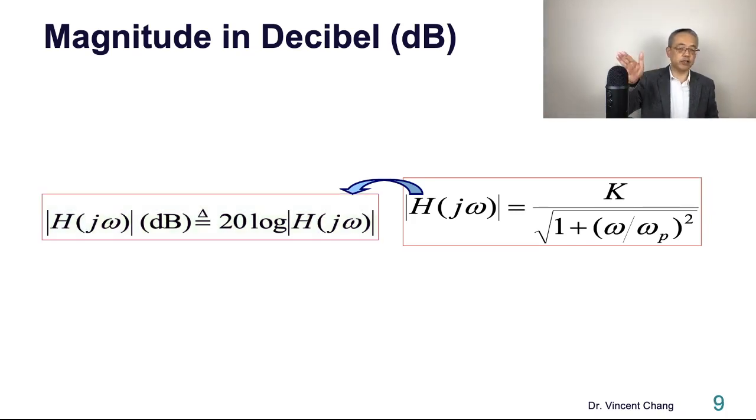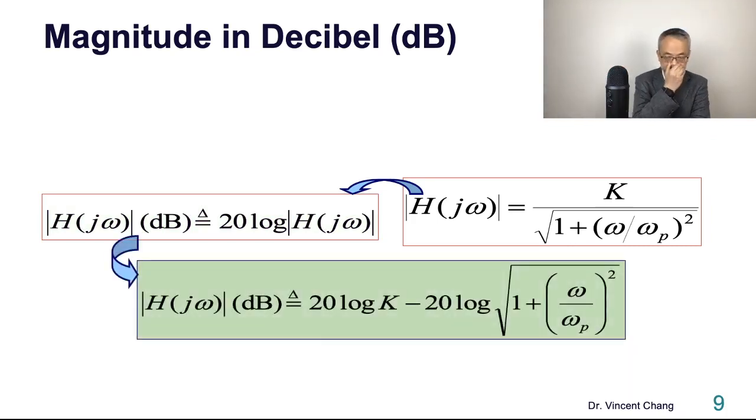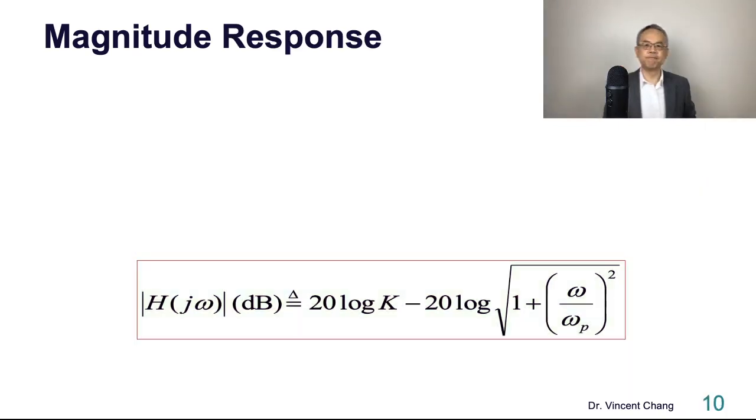This is the definition of the magnitude in decibel. And because it's a division, it becomes a subtraction on the log scale. So 20 log K minus 20 log the square root part.